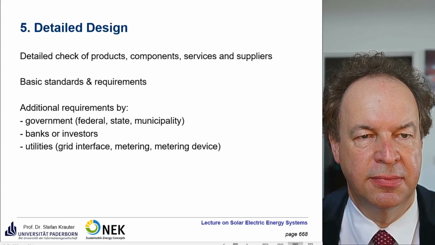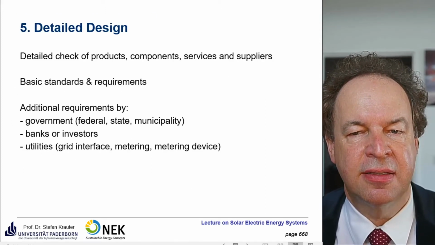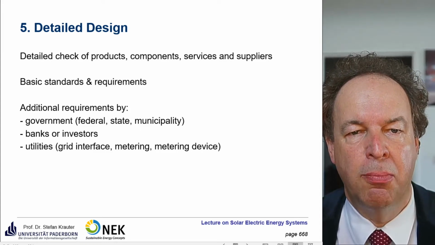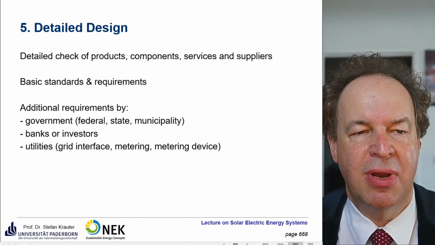Sometimes it's not required. Now we come to the detailed design phase. So you have a detailed check of products, components, services, and suppliers. So we have first basic standards.